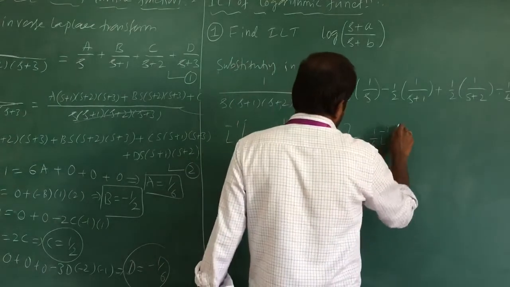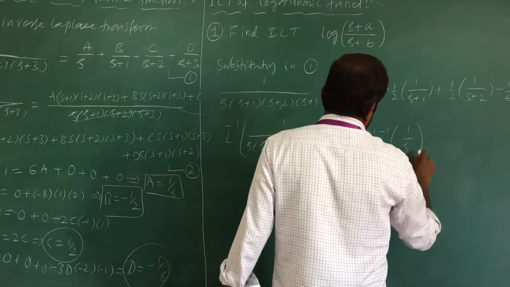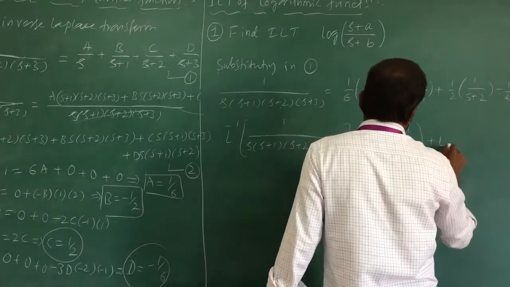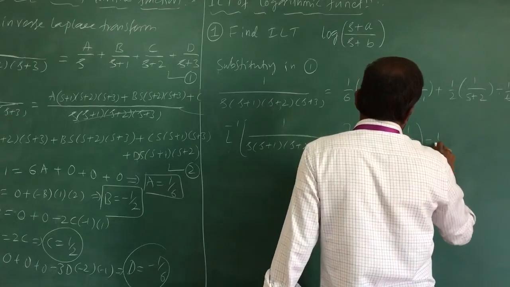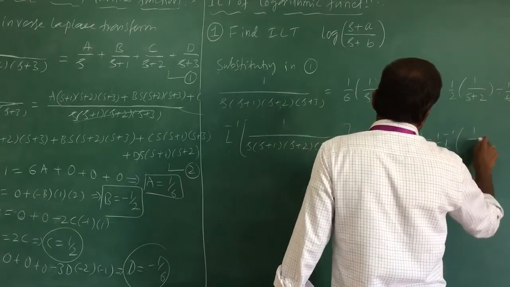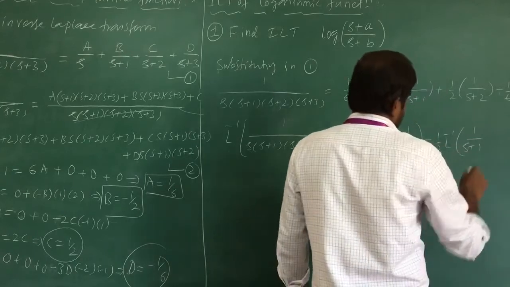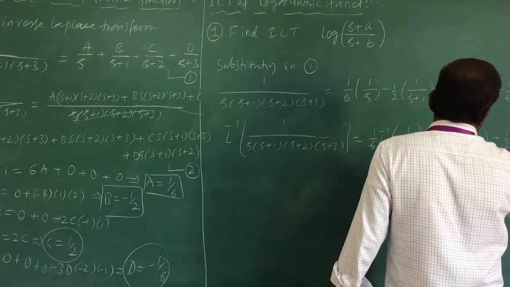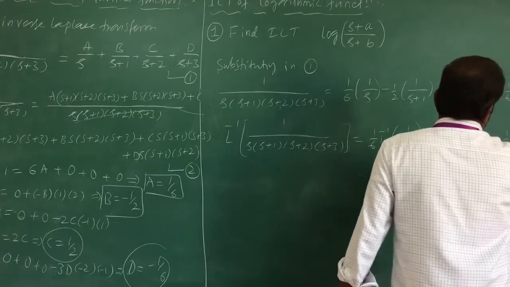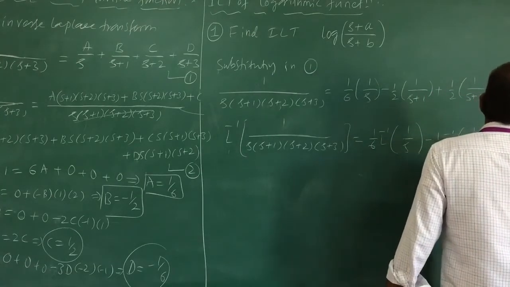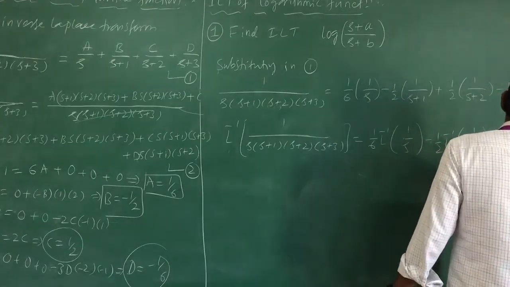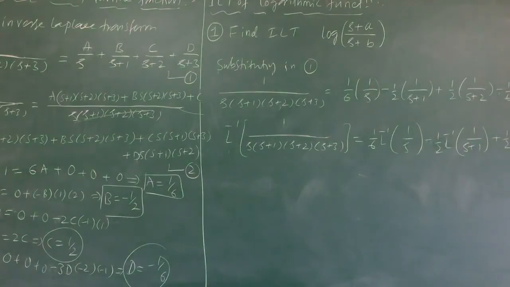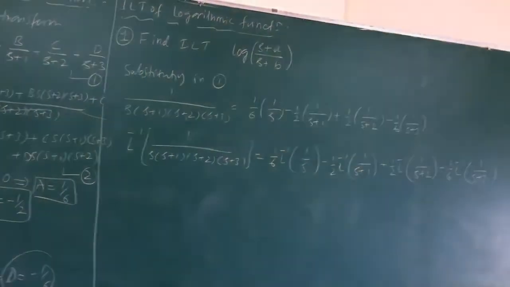Now L inverse of 1 by s, then plus minus 1 by 2 into L inverse of 1 by s plus 1, plus 1 by 2 into L inverse of 1 by s plus 2, minus 1 by 6 into L inverse of 1 by s plus 3. Okay, so here we have these terms.